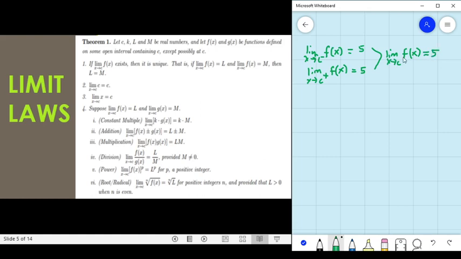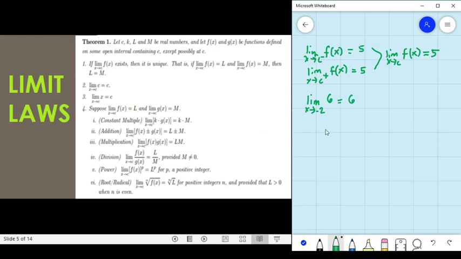Number 2: the limit of c as x approaches c is equal to c. Again, the limit of 6 as x approaches negative 2 is equal to 6.